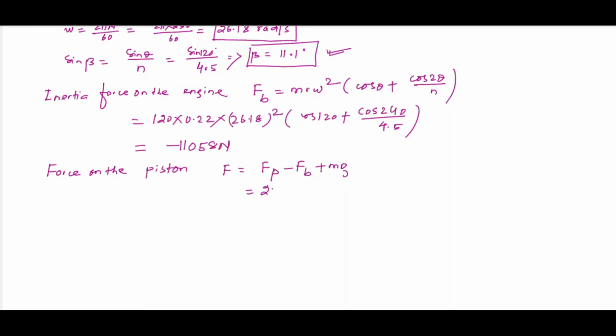So we have 25,000 minus of minus 11058, and then plus m is given to you, 120, into 9.81. So you'll get this F as 37235 Newton.